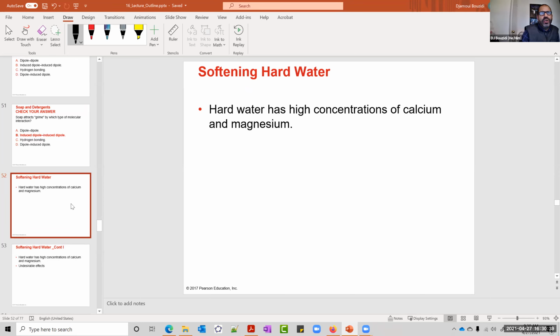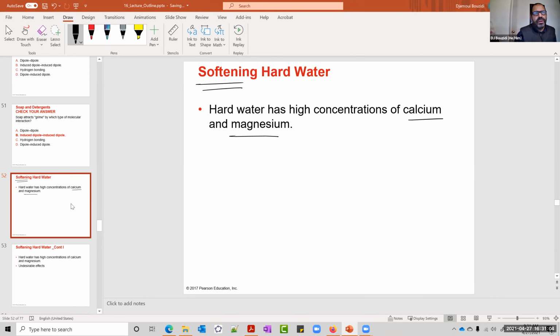Okay, hard water, the kind that is actually in some households, has a high concentration of calcium and magnesium ions that start to deposit, usually in the pipes, and start to block and clog the pipes themselves, and it's a problem. So what you really want to do is soften it. In other words, get rid of those ions of both magnesium and calcium.